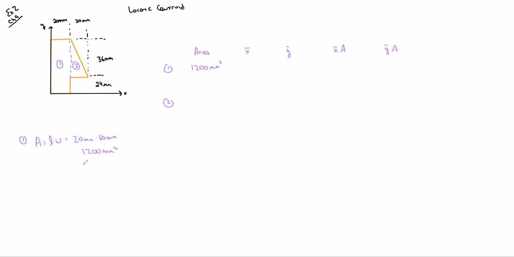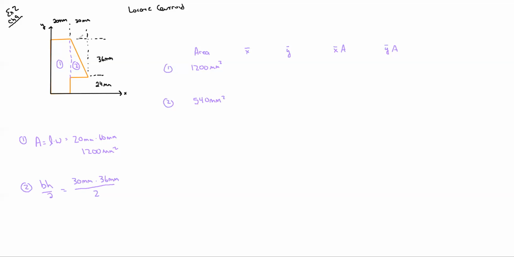Shape 2 is a triangle. Looking at the table, base times height divided by 2. The base is 30 millimeters. The height is 36 millimeters, divided by 2. 30 times 36 is 1080. 1080 divided by 2 is 540 millimeters squared.